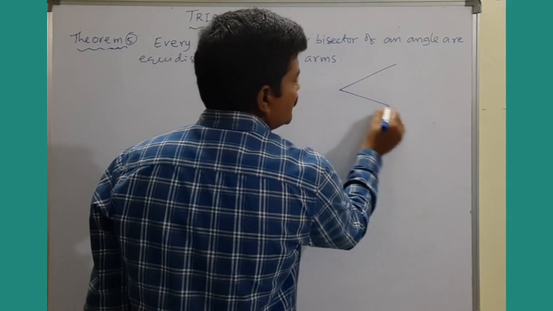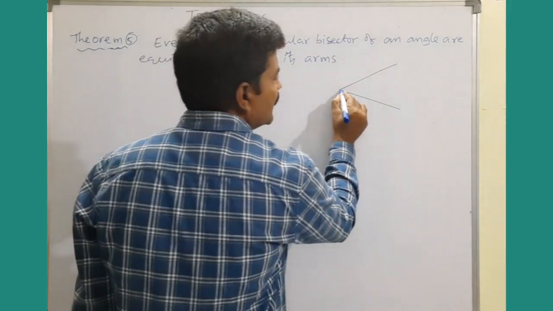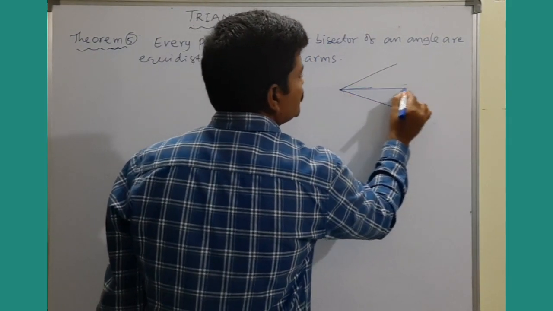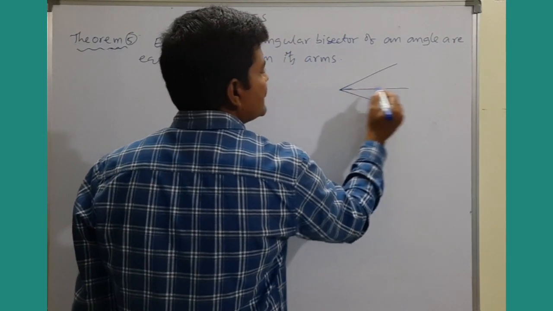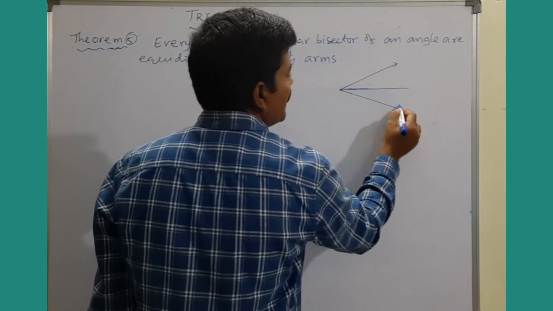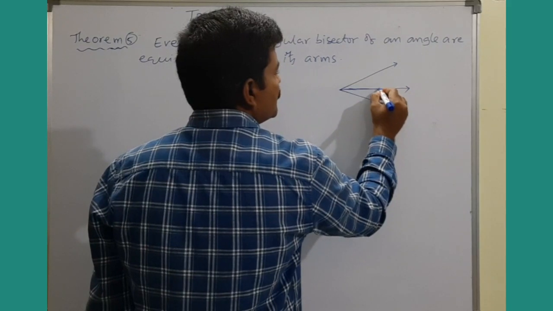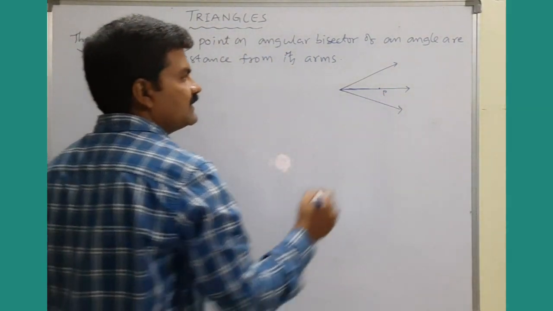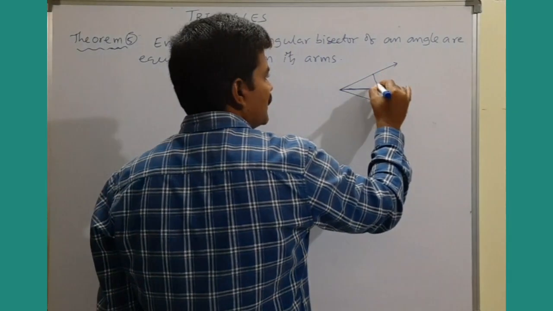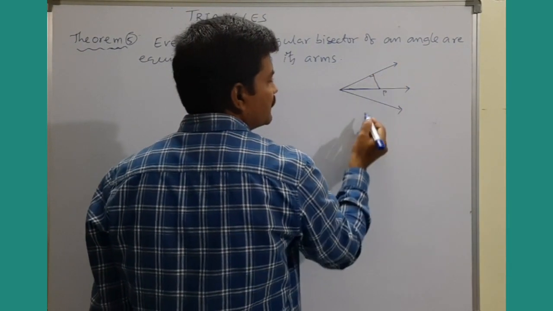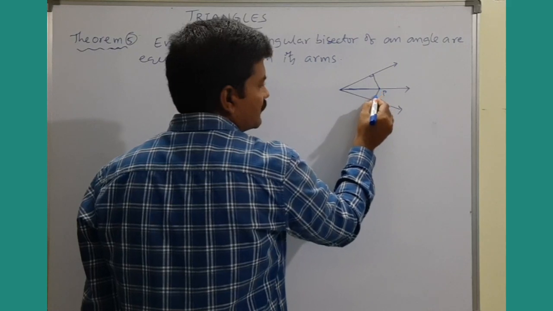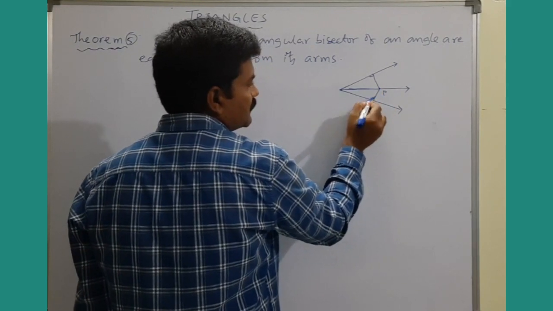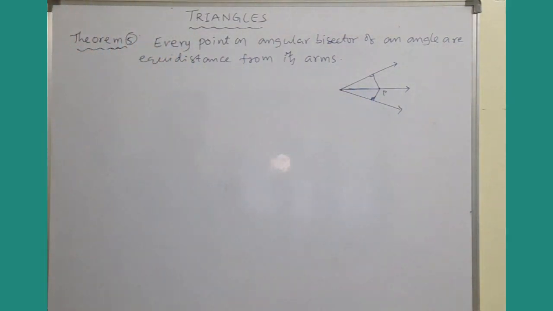So say suppose certain angle, and let it be the angular bisector. Okay. Say suppose P is a point on angular bisector. Draw the perpendicular from P to both the arms.